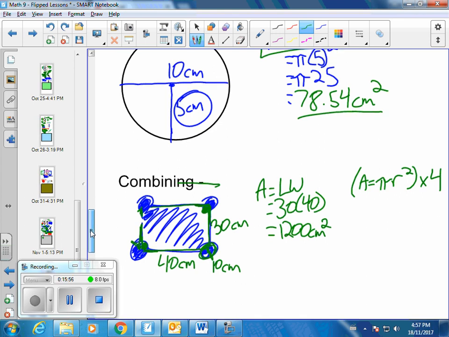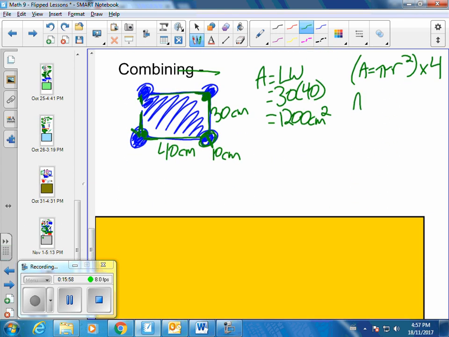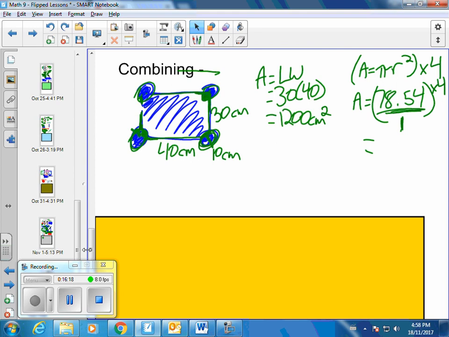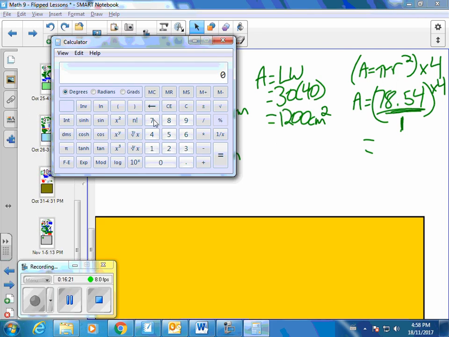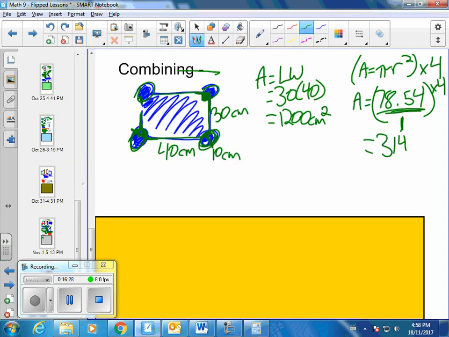So I'm going to pull this down. So my area equals 78.54. Remember, that is one of my towers, just a single one. So I'm going to multiply this number times 4 so that I can count all four of my towers. Go ahead and use the calculator for this one too. 78.54 multiplied by 4 gives me a total of 314.16 centimeters squared.